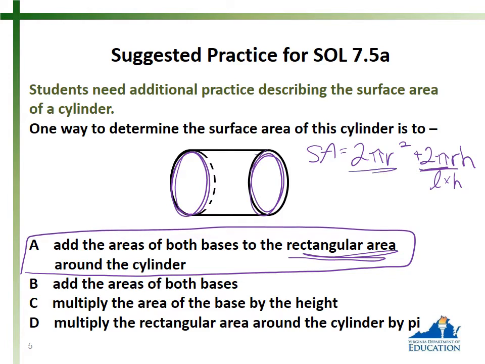And here I have 2 circles. And so you might be asked a question like this: how does this equation break down? And you kind of have to figure out the wording from there. But the hint is that we're adding the area of both bases, base 1 and base 2 of our cylinder, to this rectangular area in the middle.